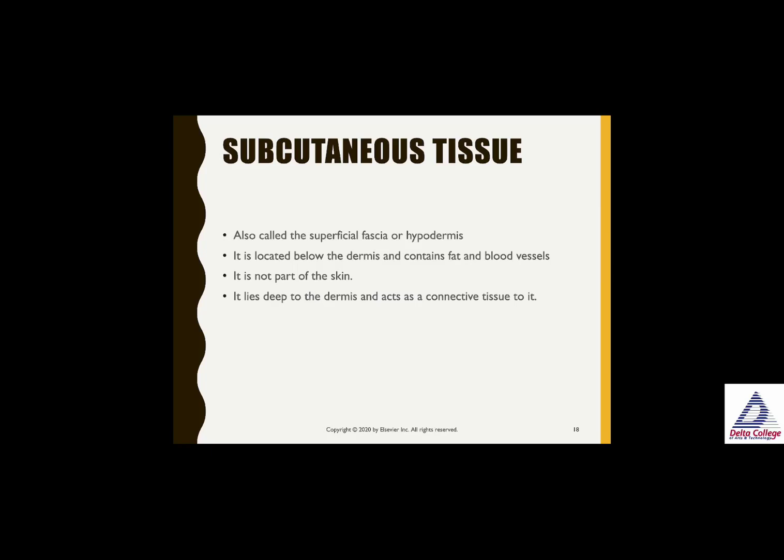It is located below the dermis and it contains, remember, the yellow adipose fat cells and blood vessels. So that's where the majority of these live. It is not part of the skin and it lies deep to the dermis and acts as a connective tissue with it. We give a lot of injections in nursing through the subcutaneous route.